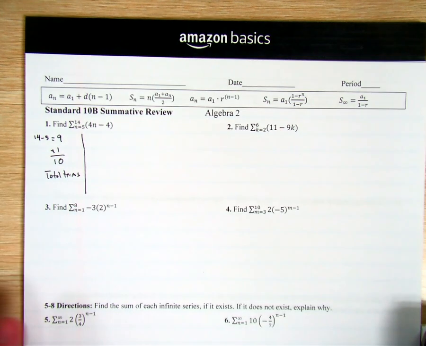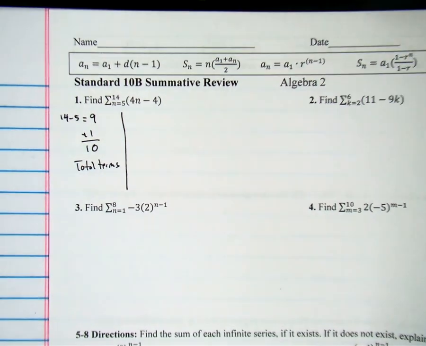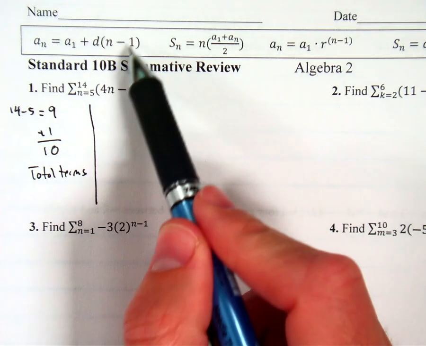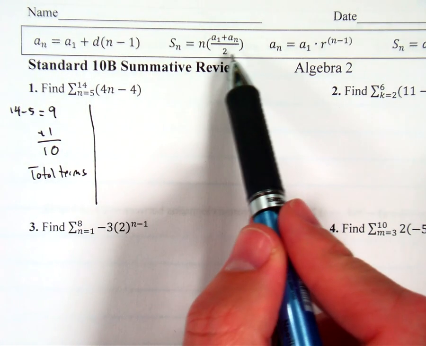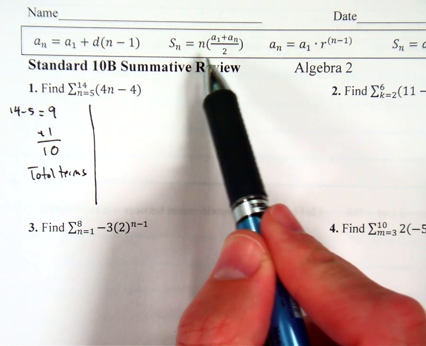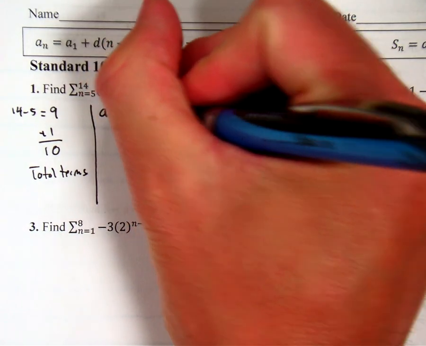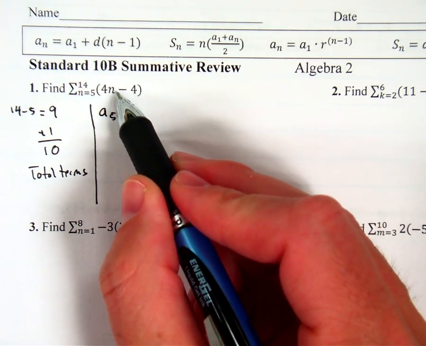Okay, we need to know what our first and last term are. And we're going to use the arithmetic formula to find those individual terms. And then we're going to use the arithmetic sum formula. So our A5, which is what we start with, we're going to plug 5 into our formula.